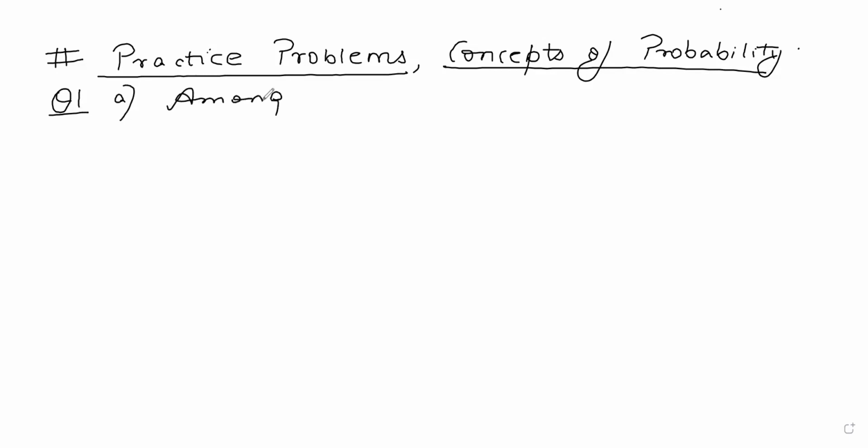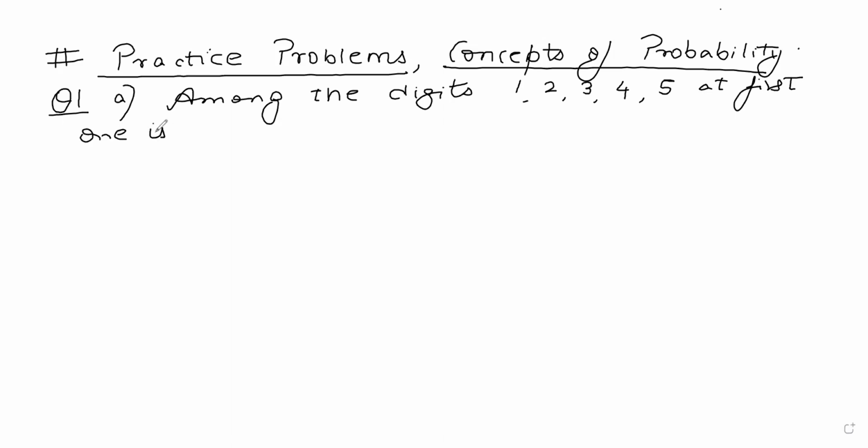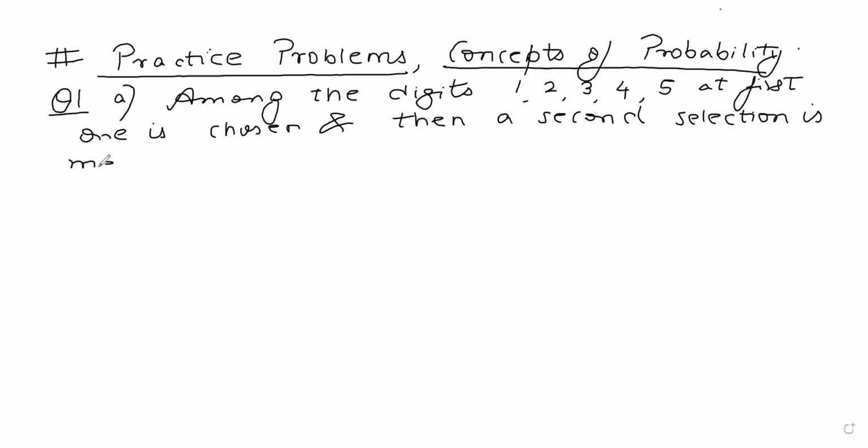Among the digits 1, 2, 3, 4, 5, at first, one is chosen, and then a second selection is made among the remaining 4 digits.